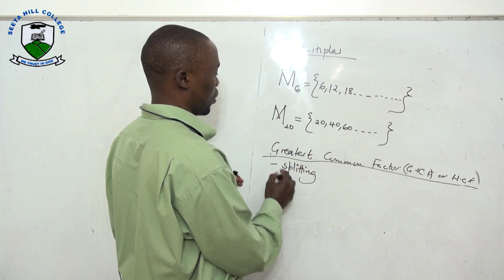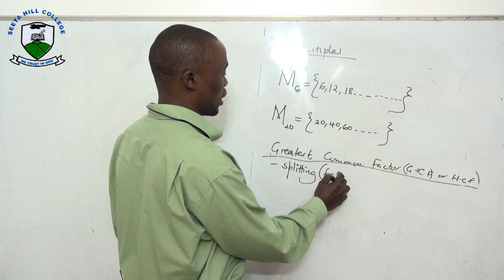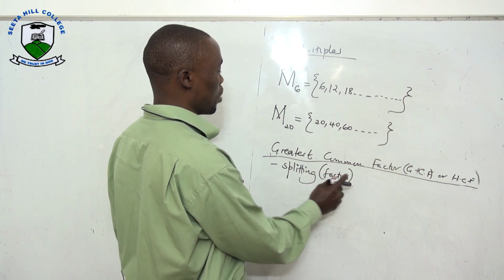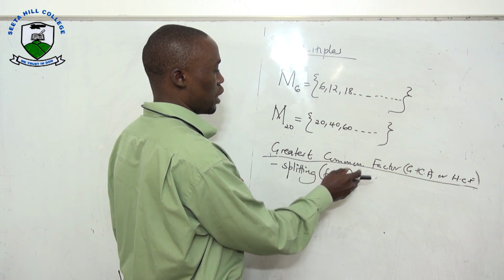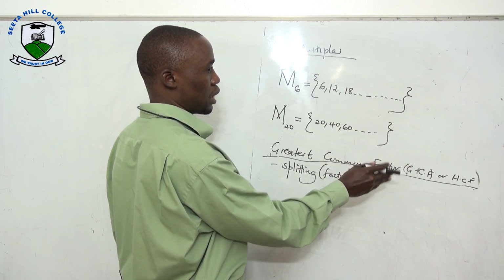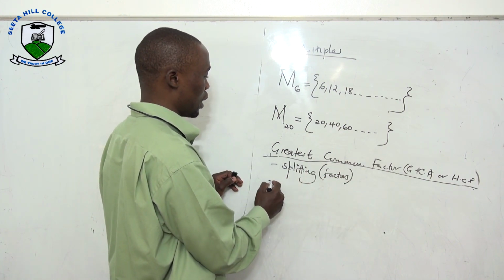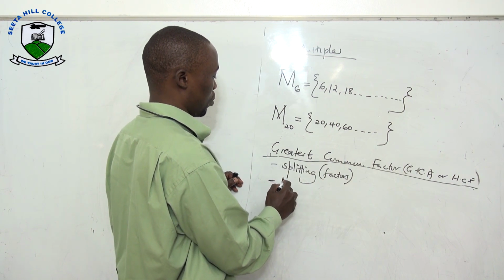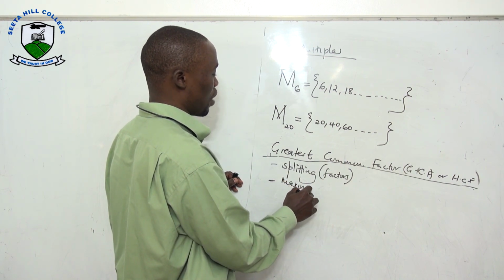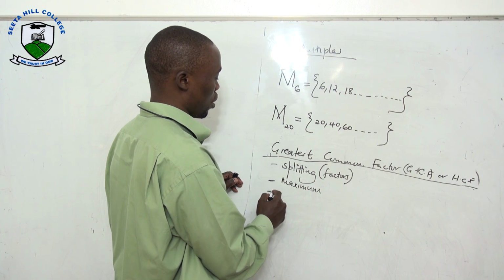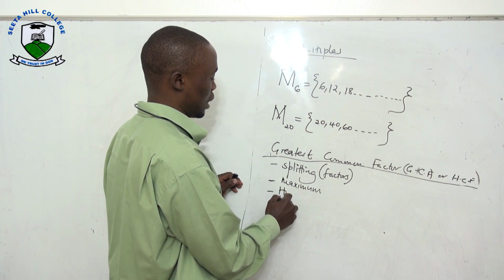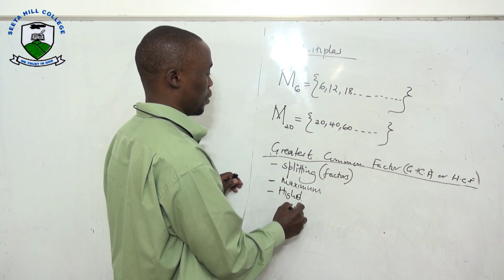Splitting. Because you are getting what? Factors. That means getting an answer for each of the objects independently is using greatest common factor. So sometimes they can say find the maximum, highest.